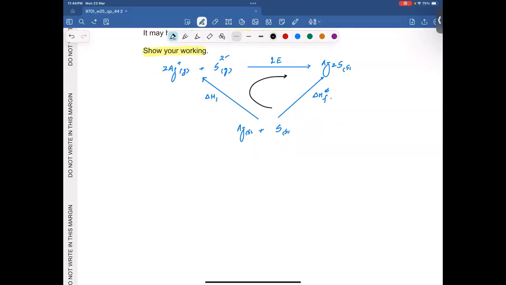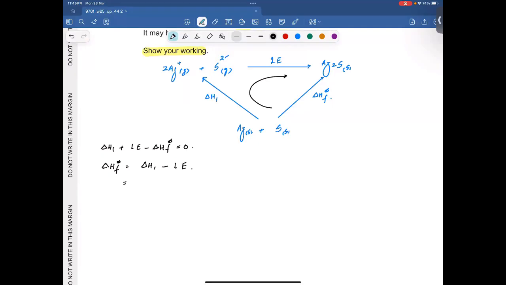Make a clockwise arrow in this thermochemical Born-Haber cycle. So it's basically delta H1 plus lattice energy minus delta HF equals 0. So delta HF equals delta H1 minus lattice energy.